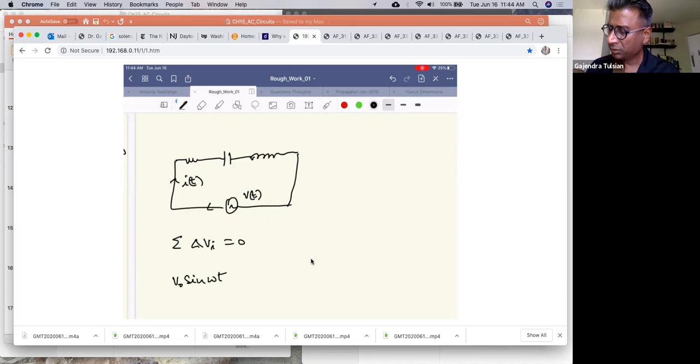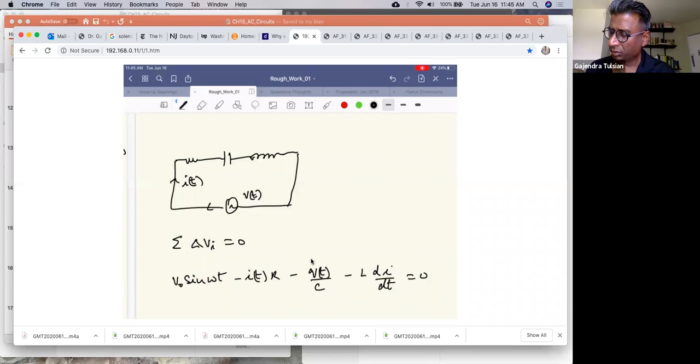Minus I(t) times R, and this is minus Q(t) divided by C. C is Q over V. So the voltage across the capacitor is that, and minus L times dI by dt equal to 0.